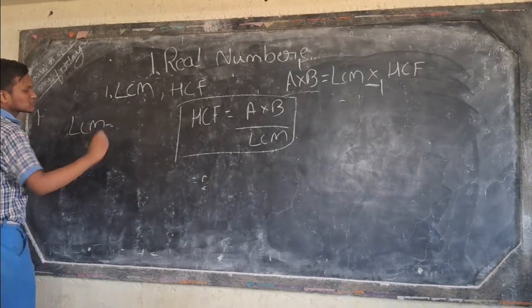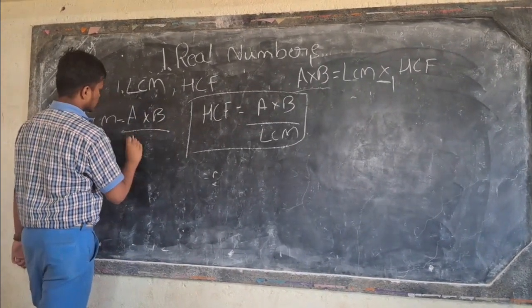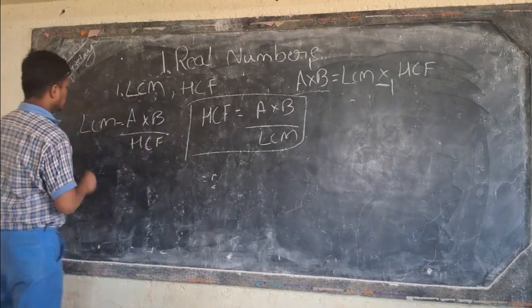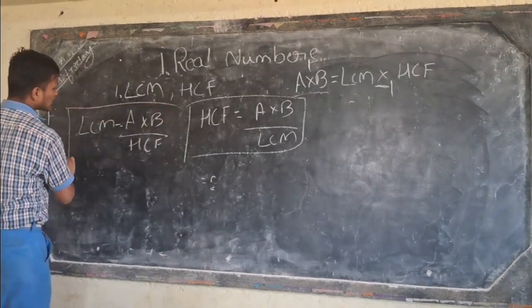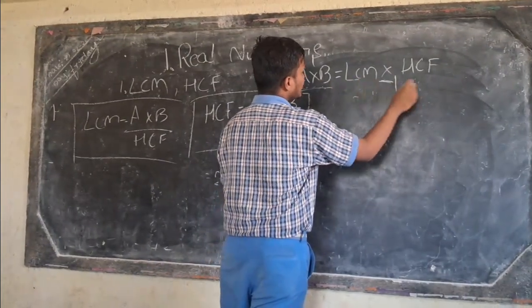LCM is equal to A into B divided by HCF. Good. Similarly, they have given the value of B, LCM and HCF.